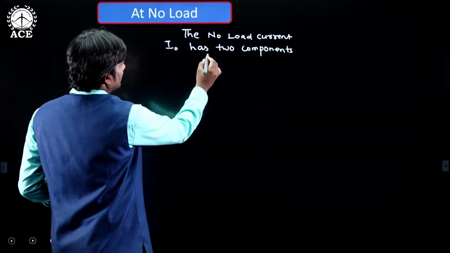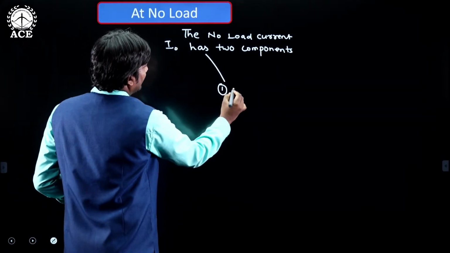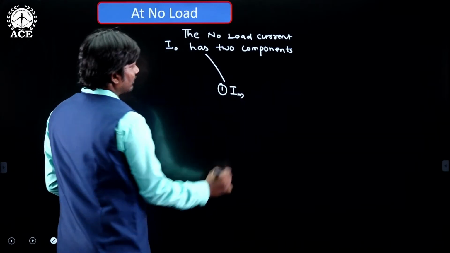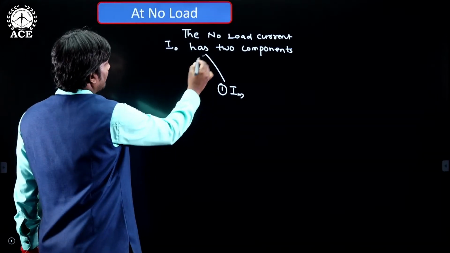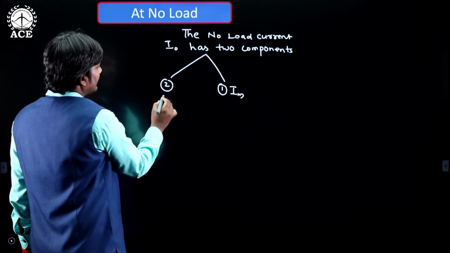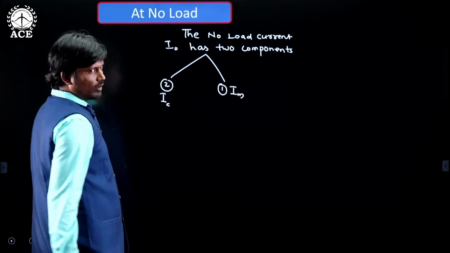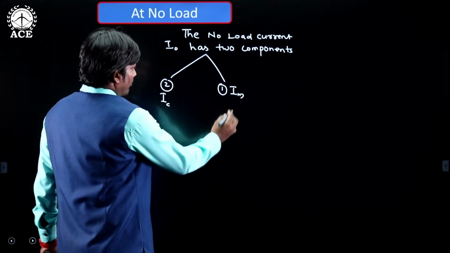The first one is Im. It is called the magnetizing component of no load current, and the second one is Ic. This is called core loss component of the no load current.